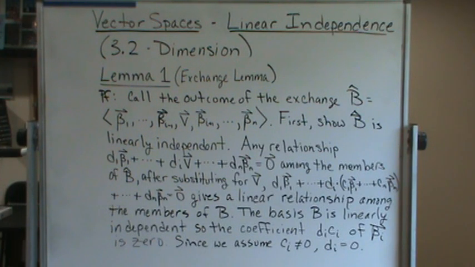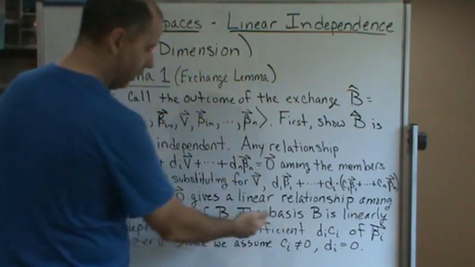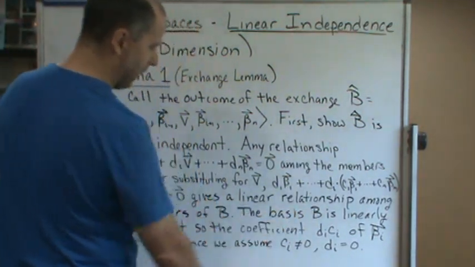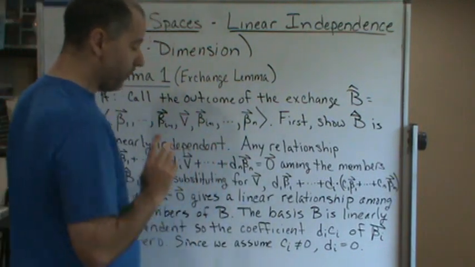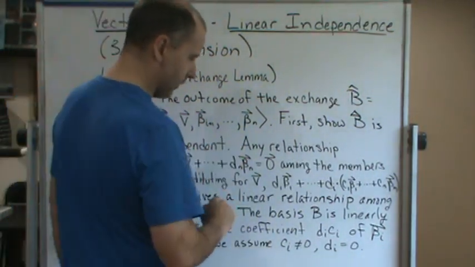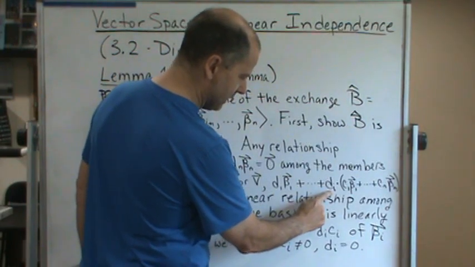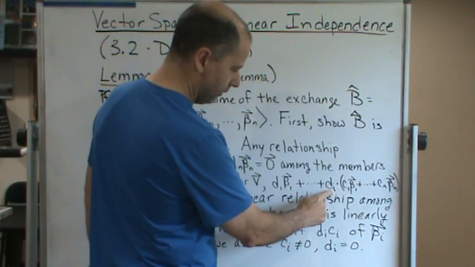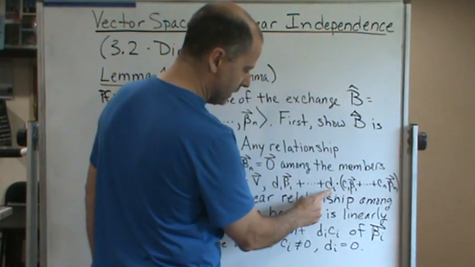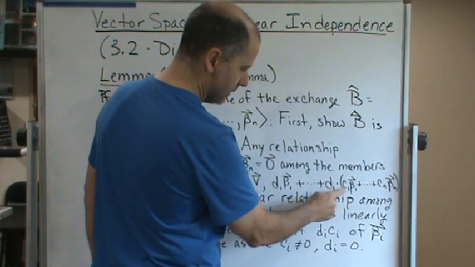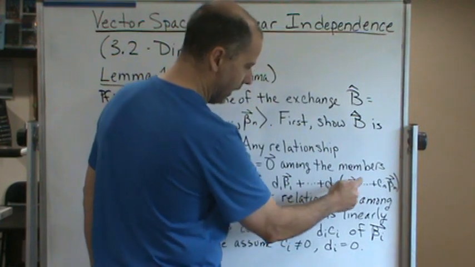Now we know, by definition, because B is a basis, that it is linearly independent. So the coefficients are the coefficients. Let's go back here. We're distributing the d sub I, and so all of these coefficients are going to be d sub I times c1, d sub I all the way through.